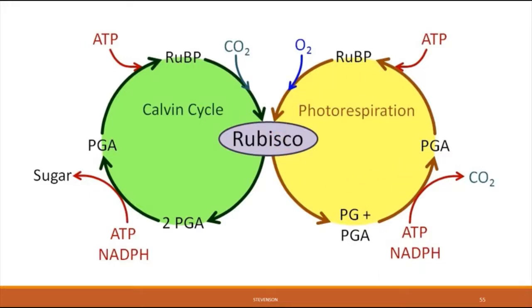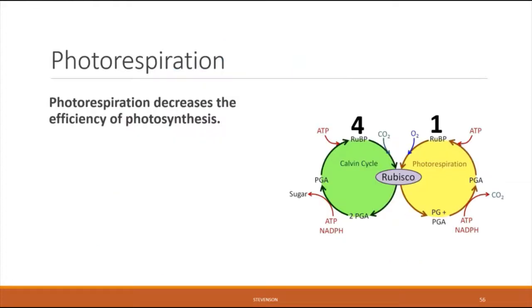Obviously, because photorespiration is pulling Rubisco away from the Calvin cycle, photorespiration decreases the efficiency of a plant's photosynthesis. And it turns out that this effect is even worse at higher temperatures.